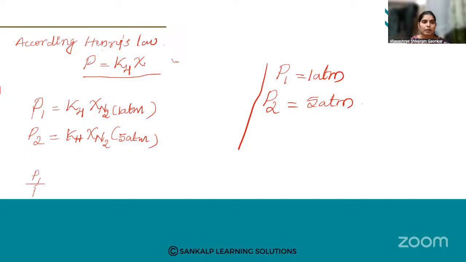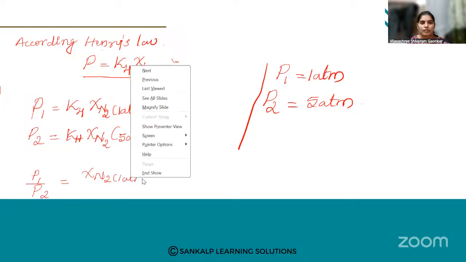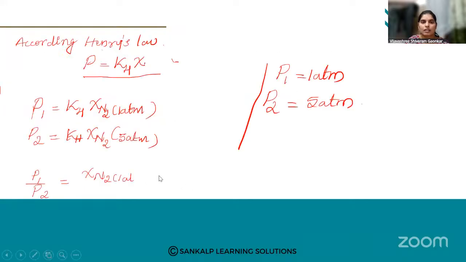P1 divided by P2 is equal to KH gets cancelled, right? Xn2 at 1 atm divided by Xn2 at 5 atm.